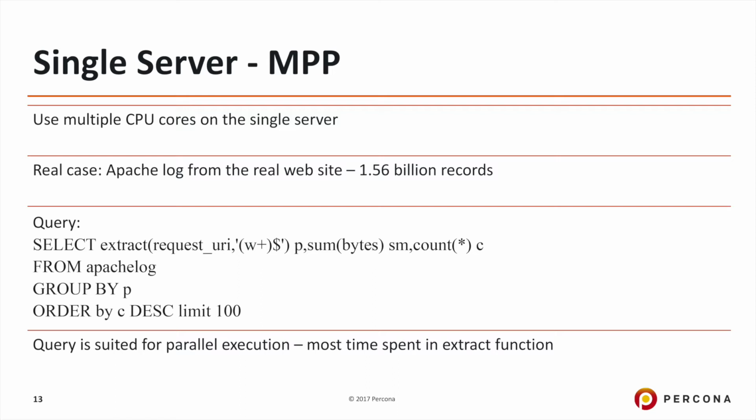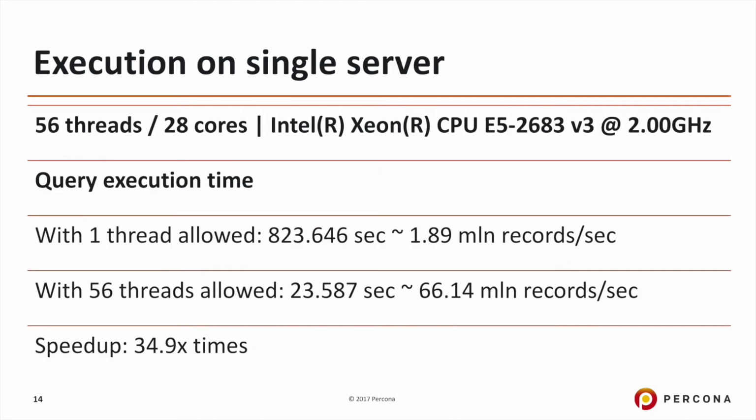So most time is spent in this extract function. And I took a server available. This server is based on an Intel Xeon CPU with 28 CPU cores and 56 CPU threads. And let's take a look at the query execution time.